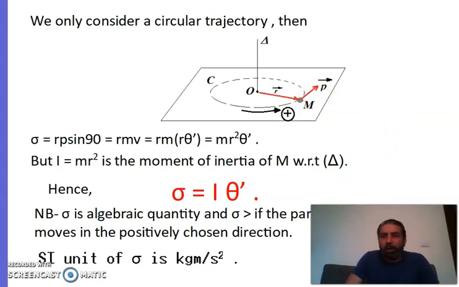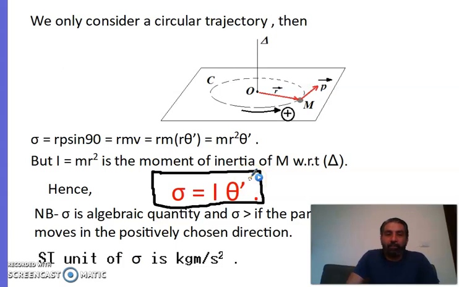So our definition of the angular momentum is confined to this simple rule: sigma equal I theta prime, where I is the moment of inertia of the particle and theta prime represents the angular velocity.